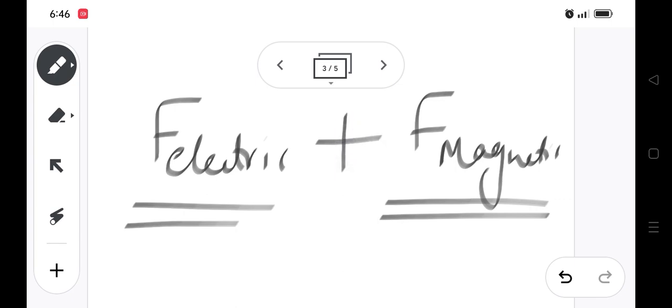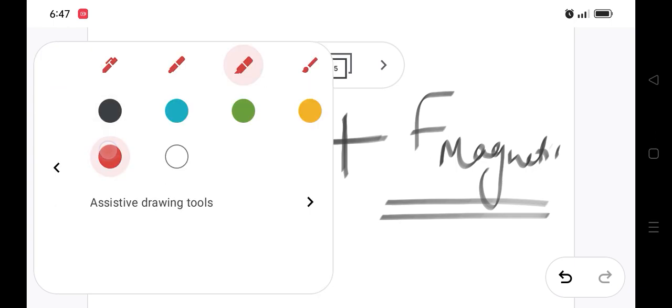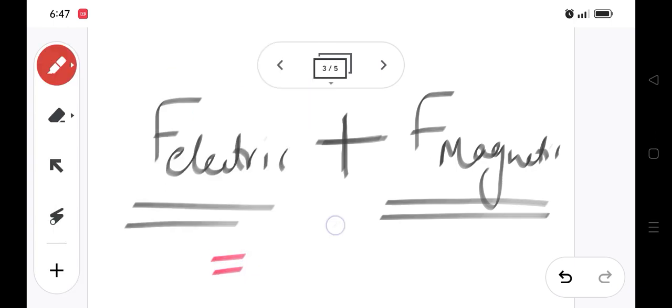Then what will be the sum of this electric force as well as this magnetic force? It will be the Lorentz force.